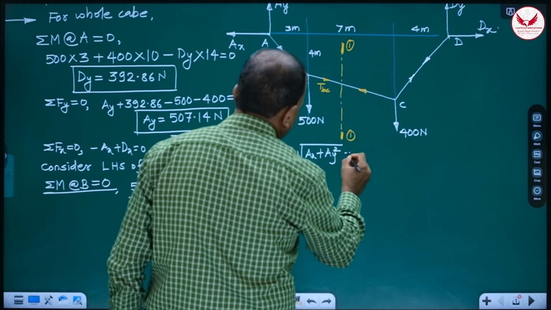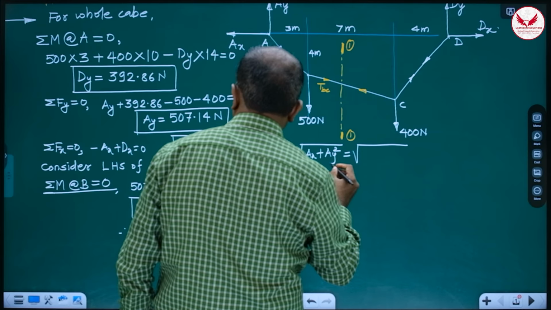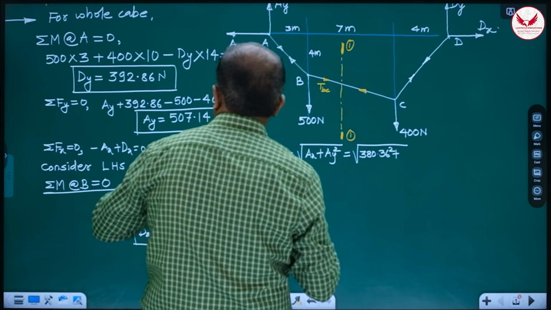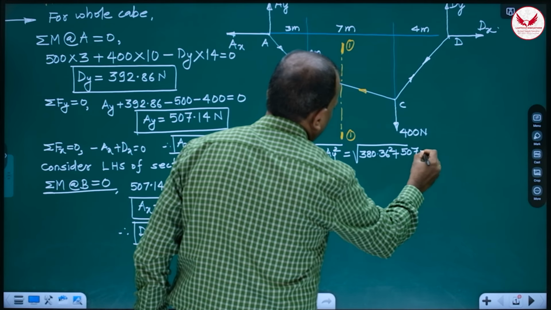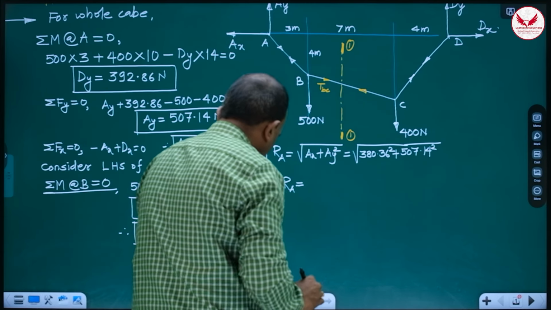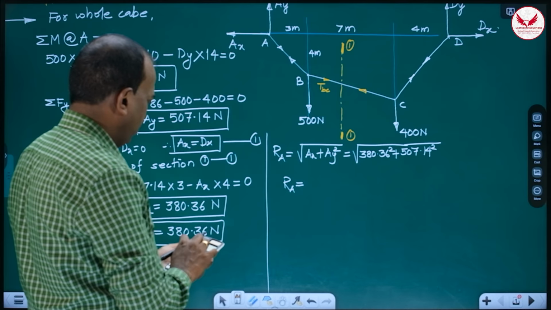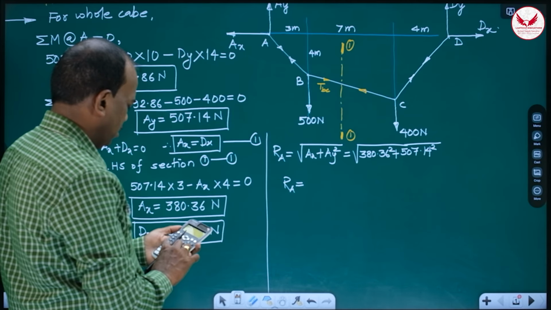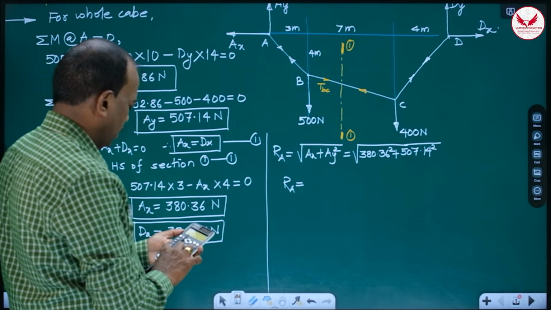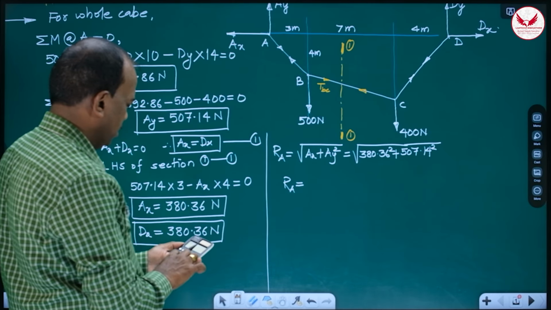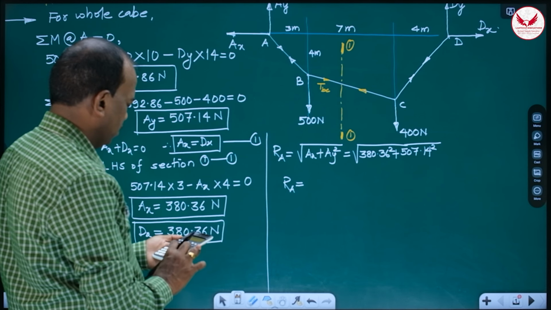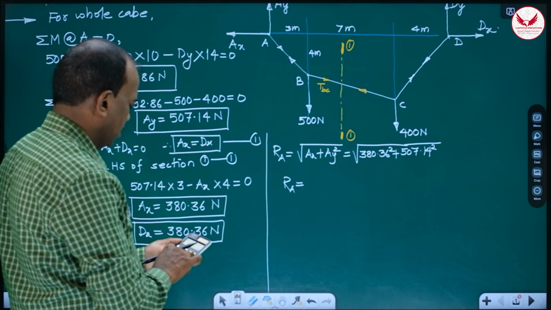AX is 380.36 square plus AY 507.14 square, and like this we'll get the reaction at A.